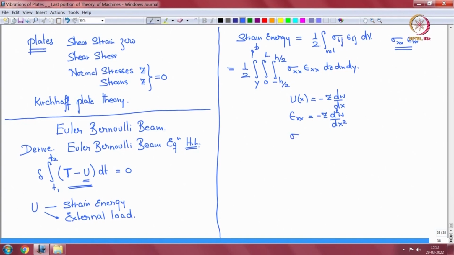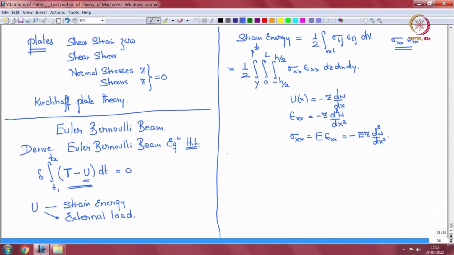Then sigma xx is equal to E epsilon xx, which will be equal to minus Ez d2w dx square.